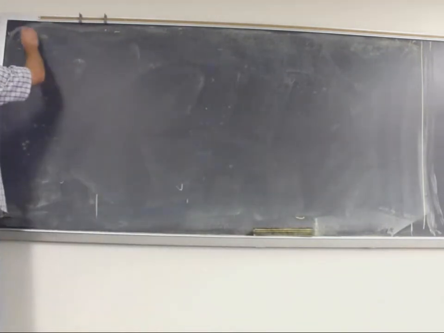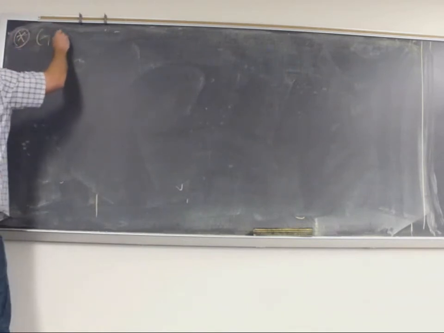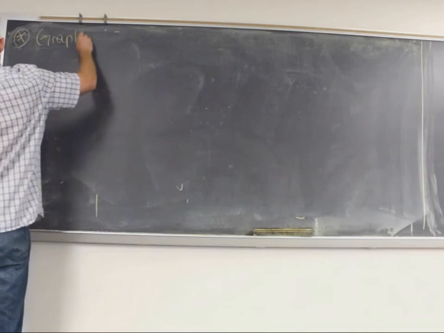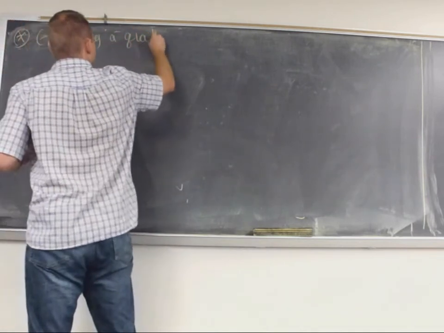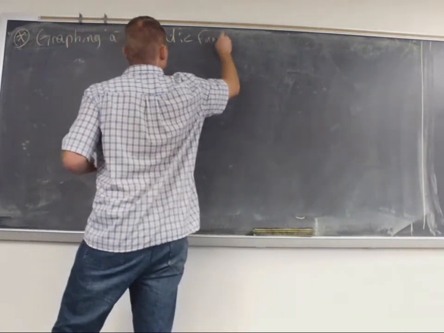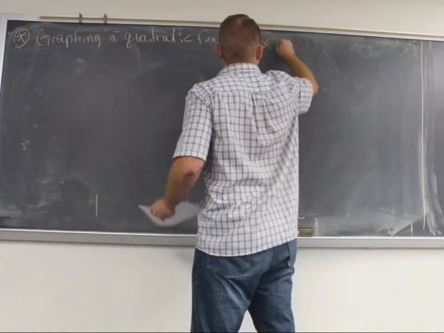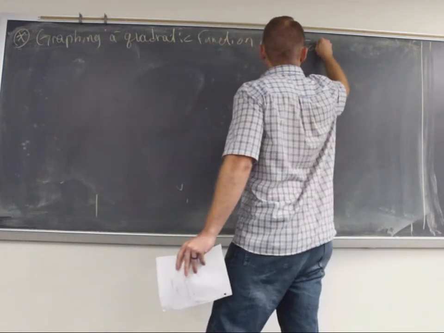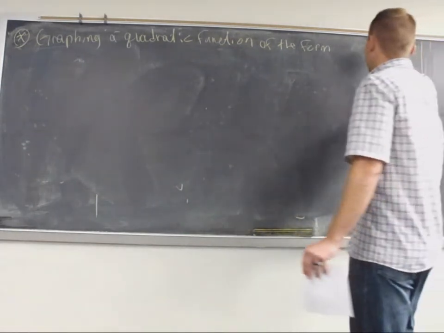So these are going to be some steps here. Graphing a quadratic function of the form, and this is a form that we're all used to seeing already, and so that's why I'm starting with it.